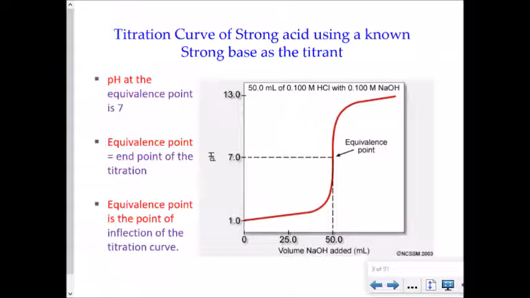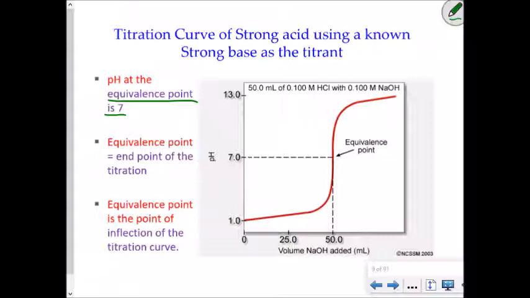Okay, now for looking at a strong acid with a strong base. So in this case, you had the reverse S. Now you have the regular S shaped, kind of like the first one I showed you. But you do need to, of course, mentally note, since we've already noted it, that the equivalence point is 7. Strong, strong, always 7.